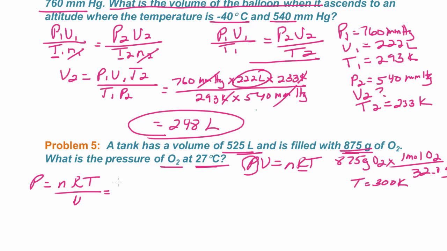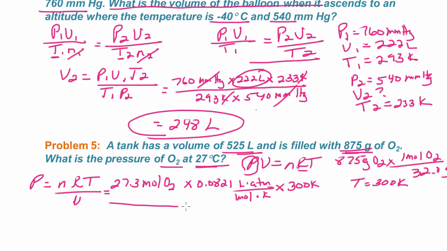So n is 27.3 moles of O2. R is 0.0821 liters atmospheres over mole Kelvin. And the temperature is 300 K. We go ahead and divide that by the volume, which is 525 liters.